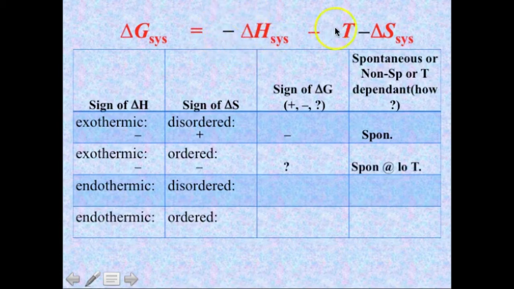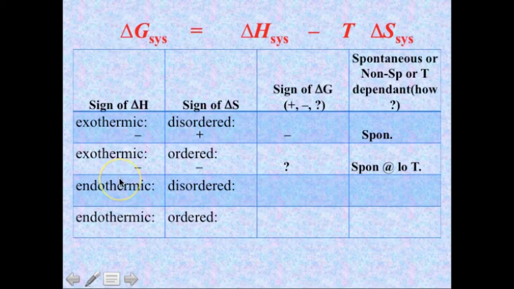So the deciding factor in this scenario is going to be the magnitude of the absolute temperature. The bigger the absolute temperature, the bigger this whole positive term becomes. So it's not going to be spontaneous at higher temperature, but it is going to be spontaneous at lower temperature, because then the negative enthalpy term will be greater than the positive entropy contribution. And the sign of delta G will be negative, spontaneous, at lower temperature.